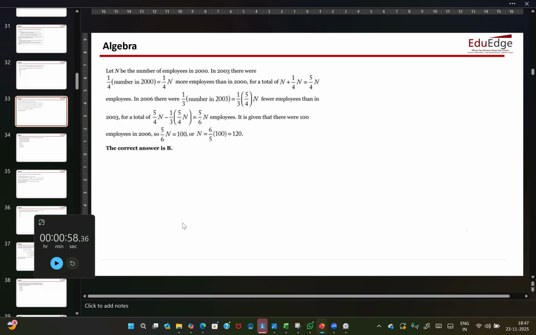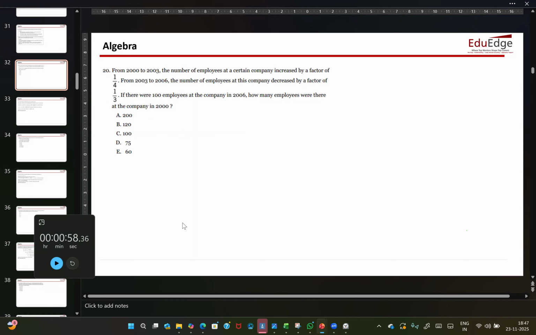I took that at the start they were x, then it increased by 1 by 4, correct? So I did x plus x by 4, which is basically 5 by 4. And then I did 5 by 4 x minus 1/3 of 5 by 4. From 2000 to 2003, it increased by a factor of 1 by 4, right?